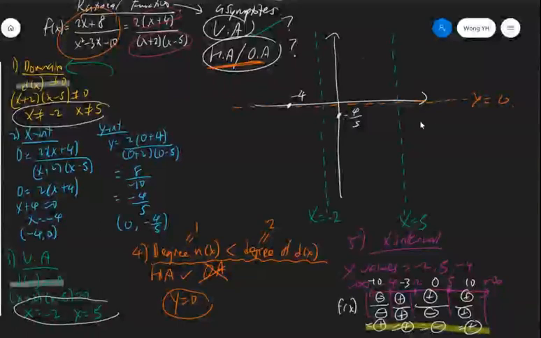Alright, I think I made a mistake here. So repeat again for the first interval. As you can see, between minus infinity and minus 4, we pick the number minus 10. If we plug in minus 10 in the numerator, we will get negative on top, which is correct. But there's a mistake at the denominator.